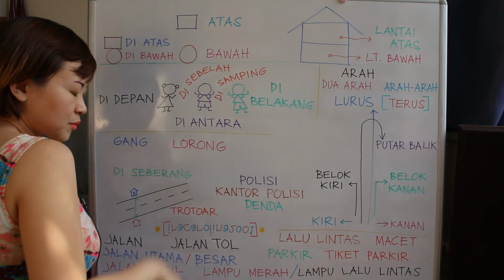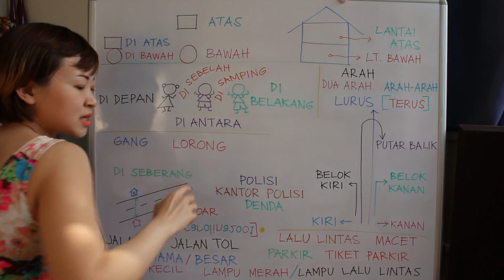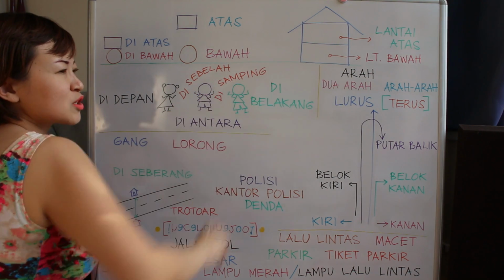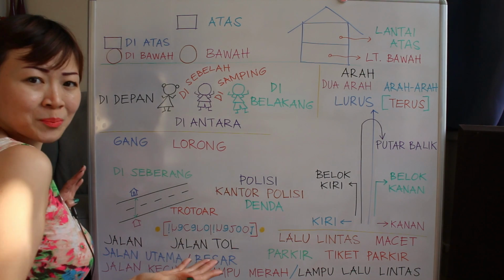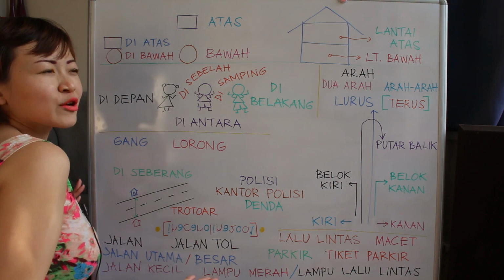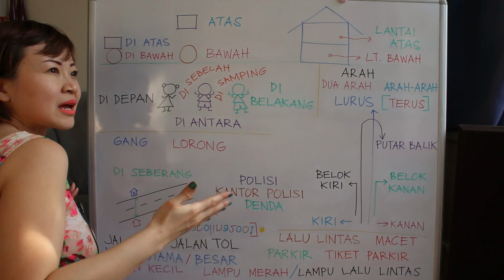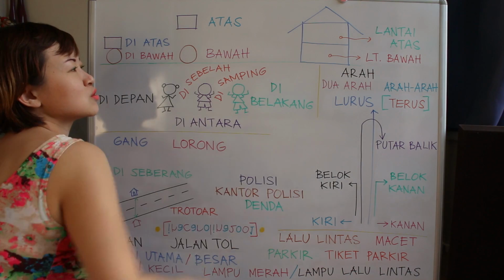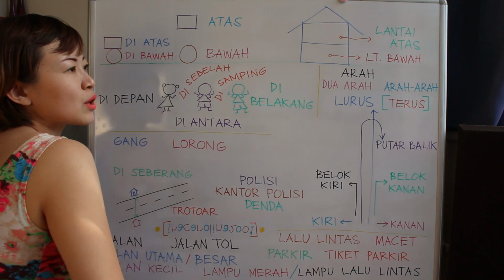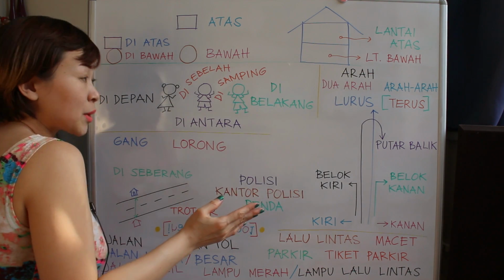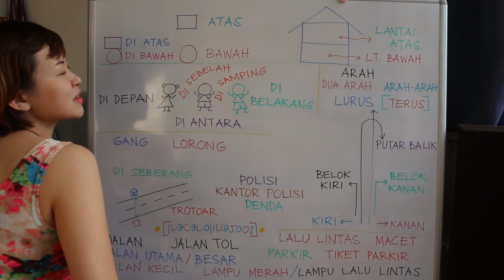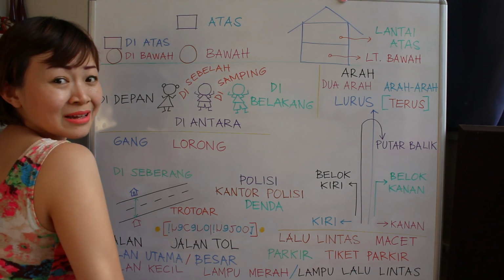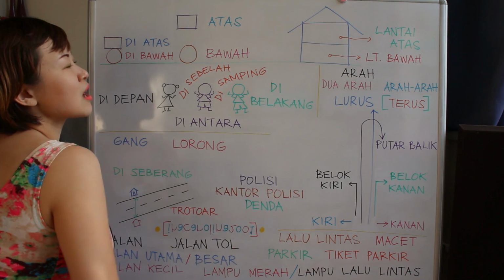Sometimes you will find this LT in Indonesia, and then don't forget the dot, for a floor plan, or section, or elevation in architectural drawings. But the formal way to say or write it is lantai.